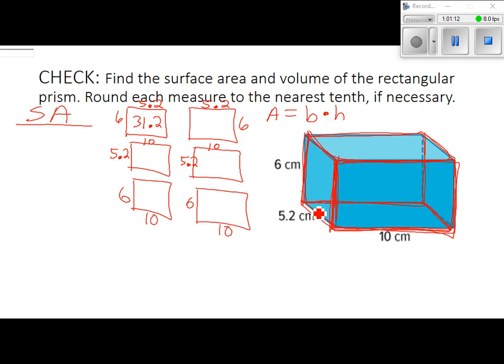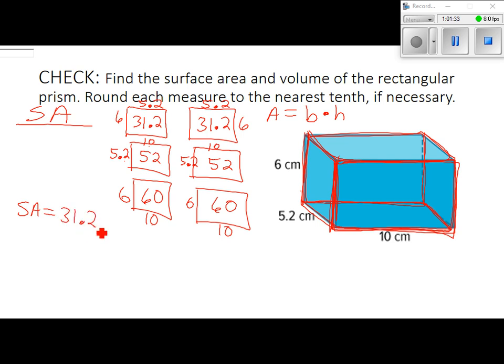That's the area of that rectangle, and the area of the opposite rectangle is exactly the same. Then 10 times 5.2 is just 52, and those two have to be the same. 6 times 10, I can do in my head, that's 60. That's 60.